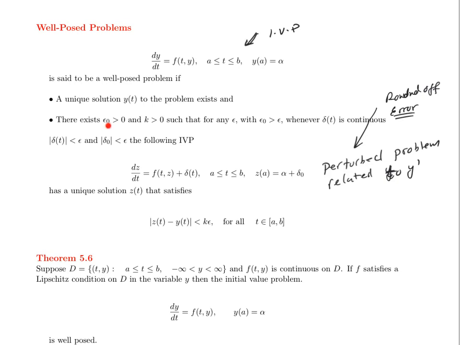Here we need to have an epsilon 0, which is positive, a k that is positive, and then for any epsilon where epsilon 0 is bigger than epsilon, we have this condition that is satisfied. Okay. All right. The next theorem tells you how to check if a problem is well posed or not.